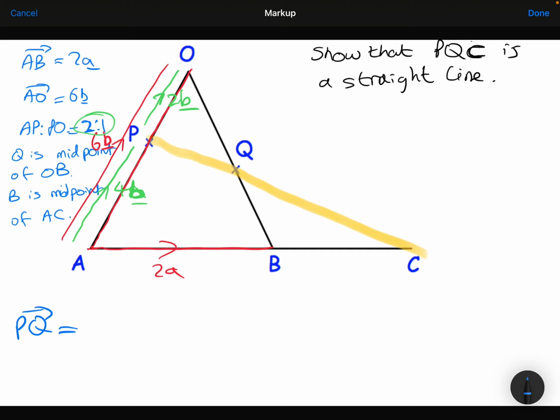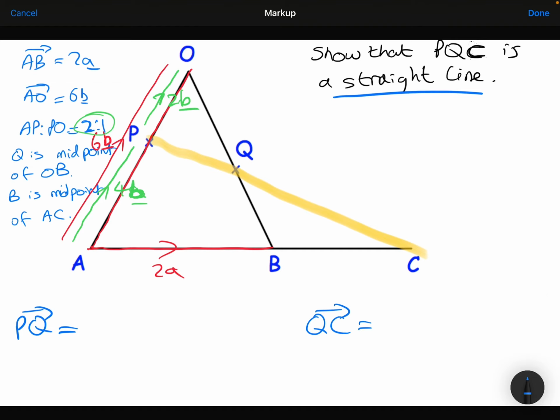Then I'm going to consider the vector QC. And if I can show that those two vectors are parallel, then because they've got a common point Q as well, that will show that it's a straight line. So I'm doing PQ and QC.